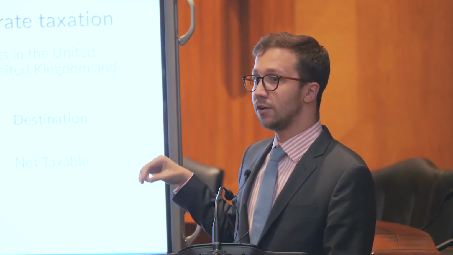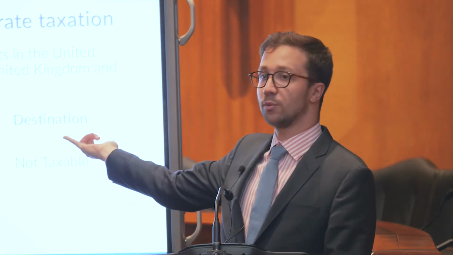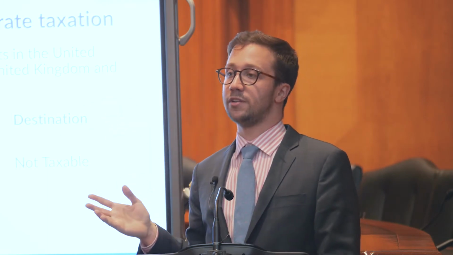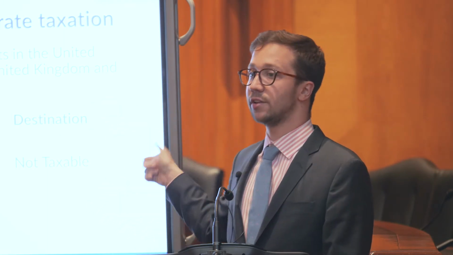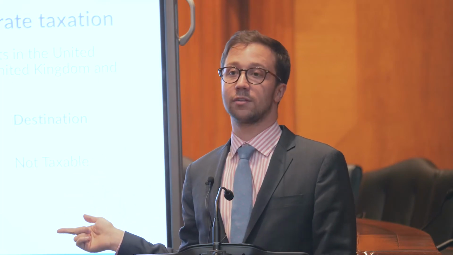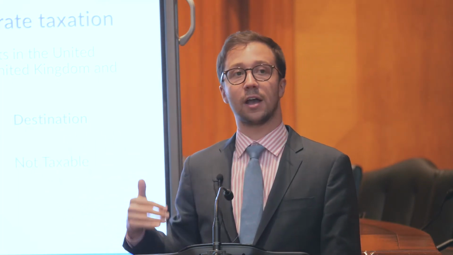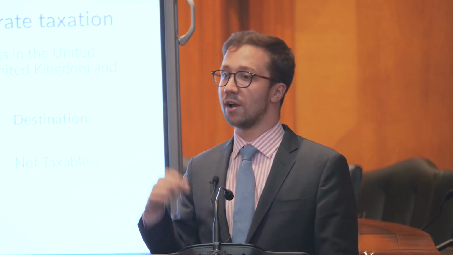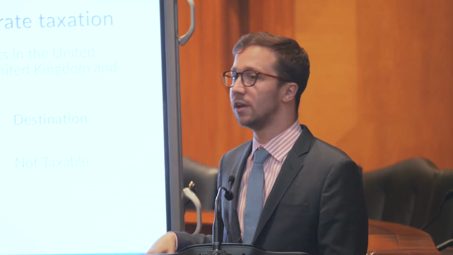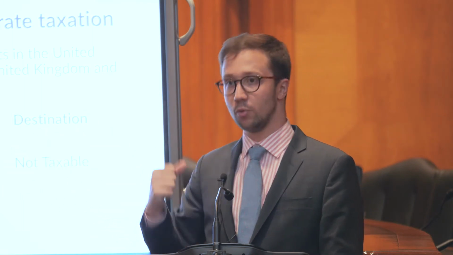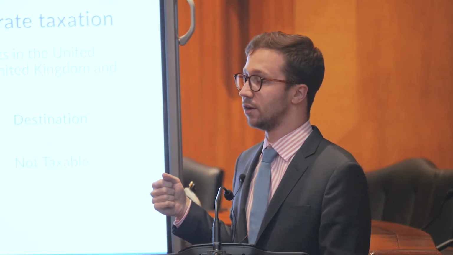Well, this would actually flip: under residence and source, those wouldn't be taxed, but under a destination-based system, they would be taxed. Those widgets coming into the United States would be subject to taxation, and that would be revenue for the US government. And if the UK also had a destination-based system, then it would be exempt from taxation in the United Kingdom.